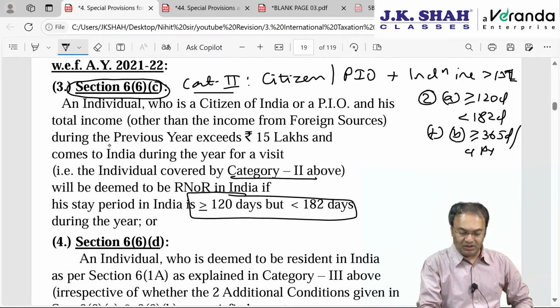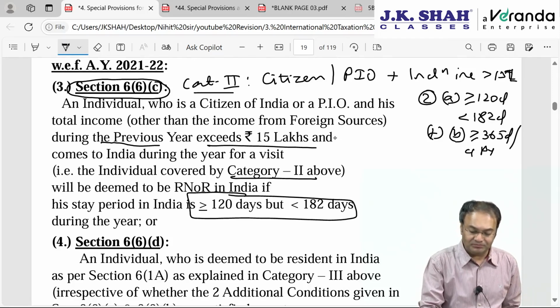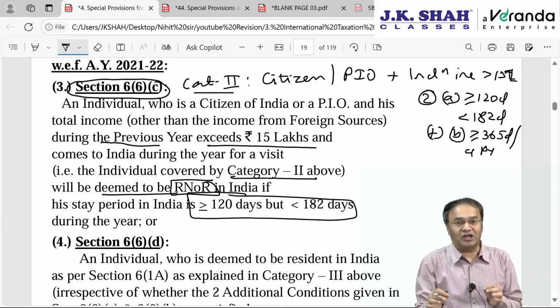Category 2 people, Indian income should exceed 15 lakh rupees, he will be deemed to be RNOR automatically without checking the additional condition.